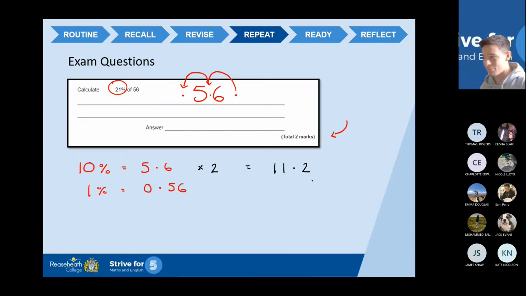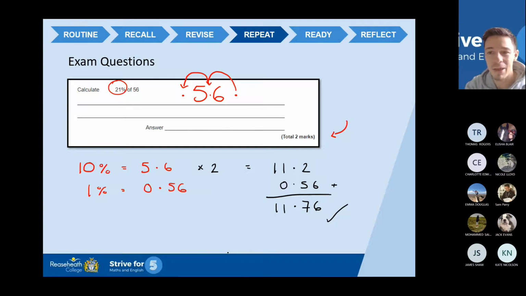Now, what I need to do is add on my 0.56, then that will give me my total for 21%. So that's going to be 6, that's going to be 7, and then the rest of the number will be 11 as well. So 11.76.